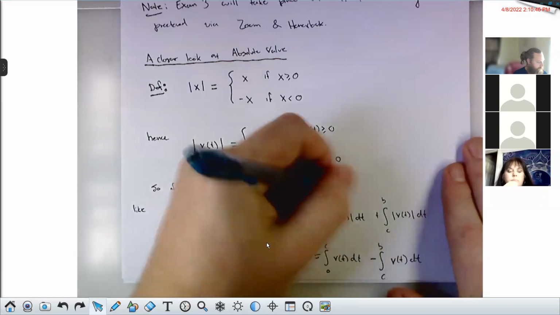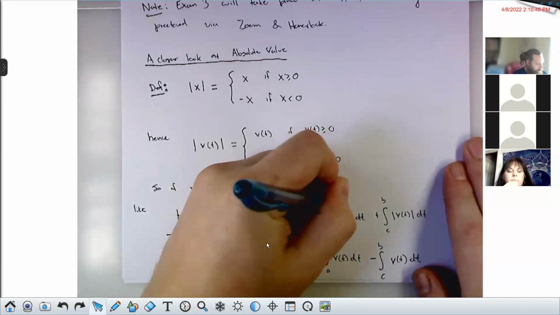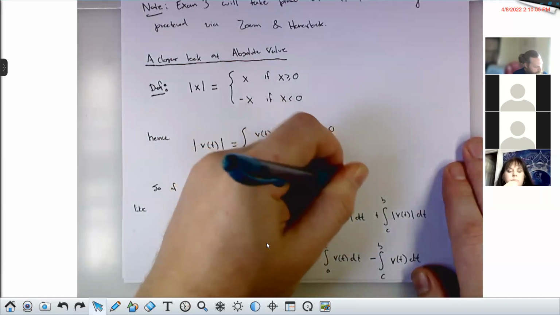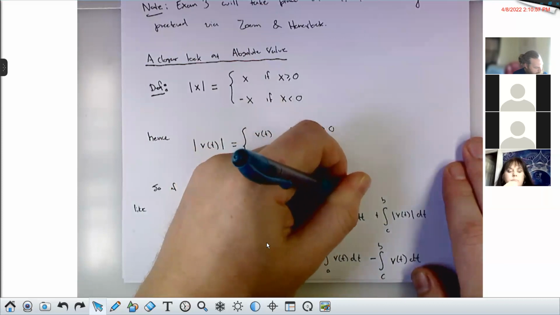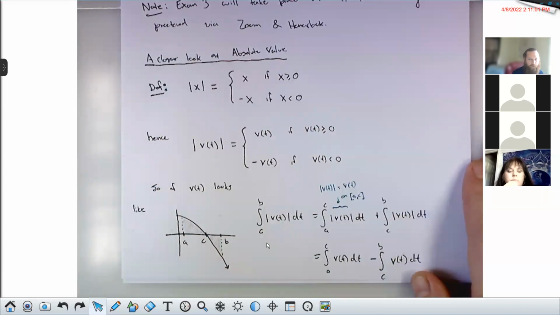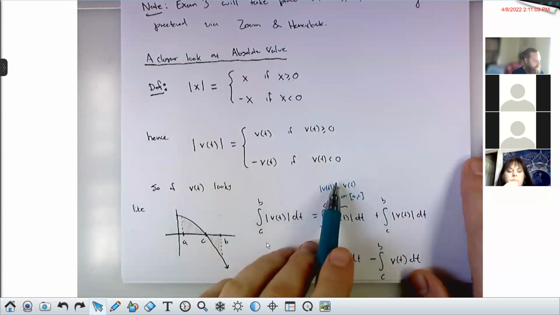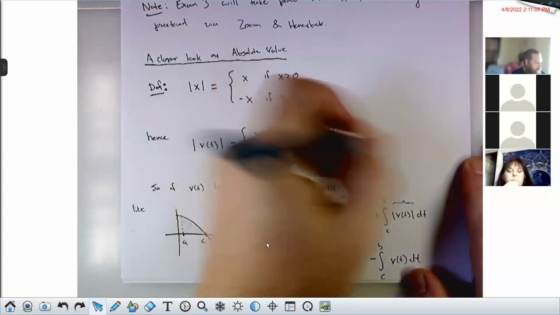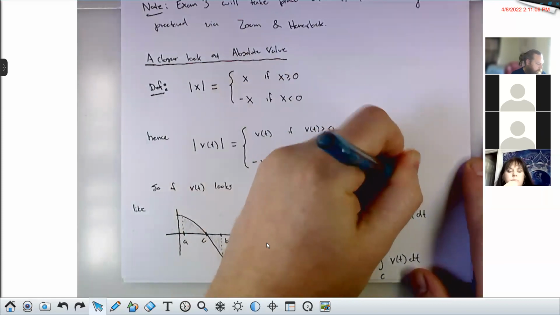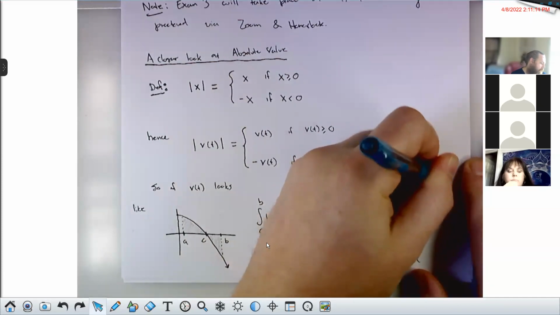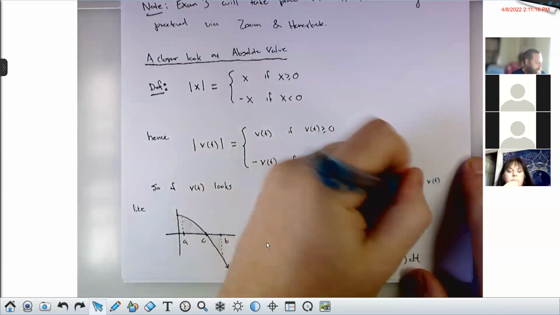We can annotate here. So on the interval a to c, the absolute value of v of t is just v of t. And on the interval c to b, the absolute value of v of t is negative v of t.